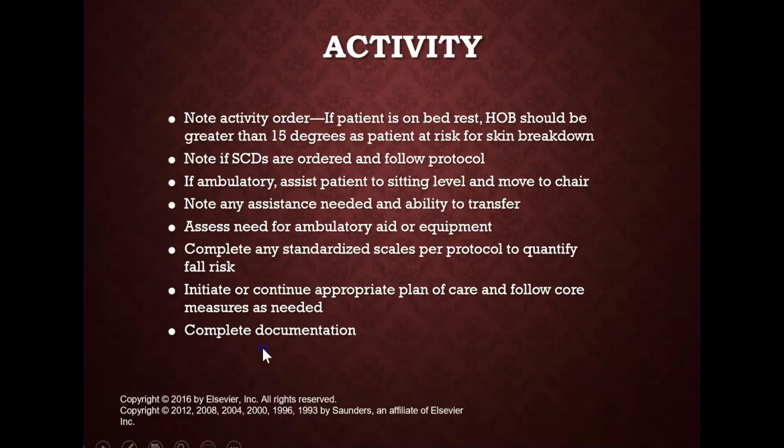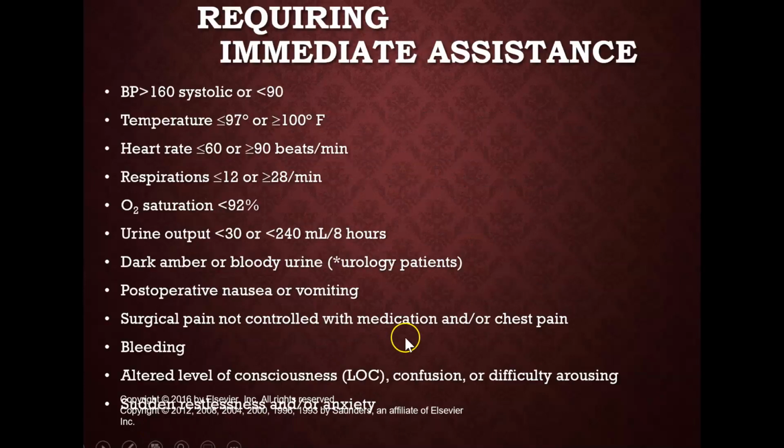Activity, how they're ambulating, whether or not they can, whether or not they require a device. And then you want to look at all your findings, and as you look at all your findings, you want to make sure that you do anything right away.